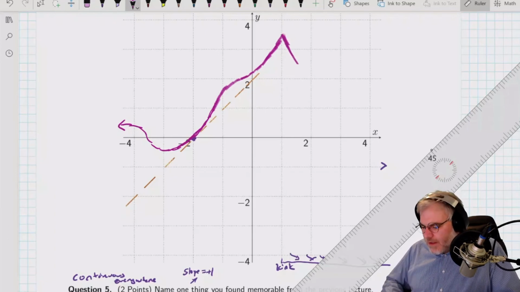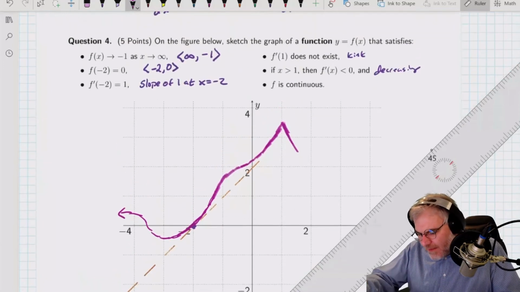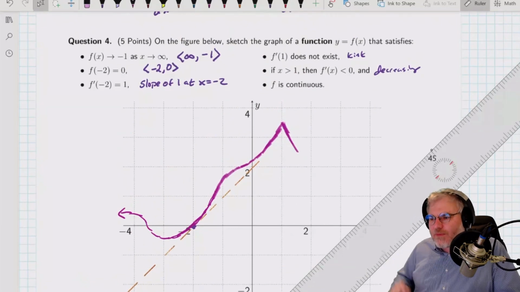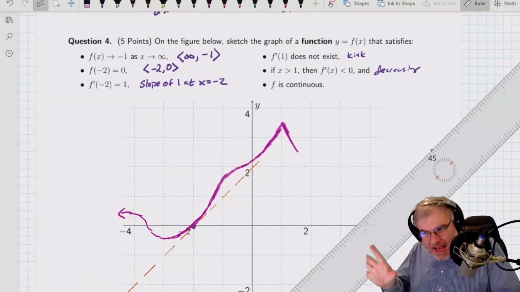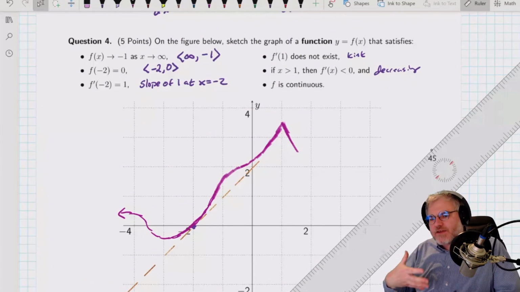Okay. The slope of 1. So the slope of the tangent line has to be 1 because f prime of -2 equals 1. Not f of -2, f prime of -2.